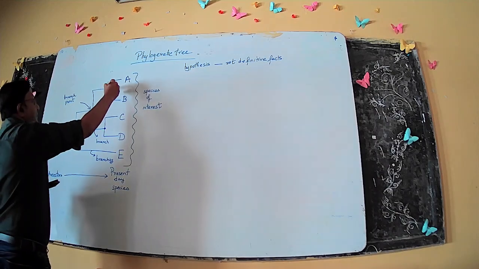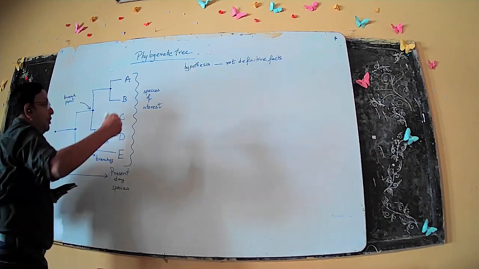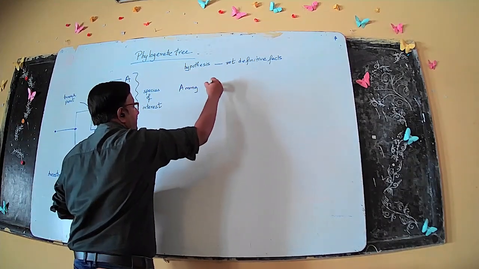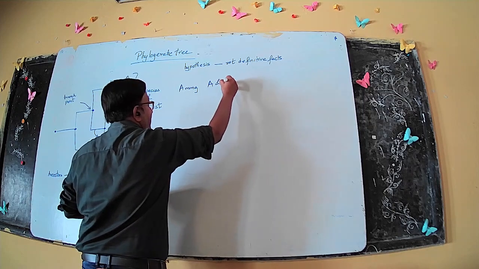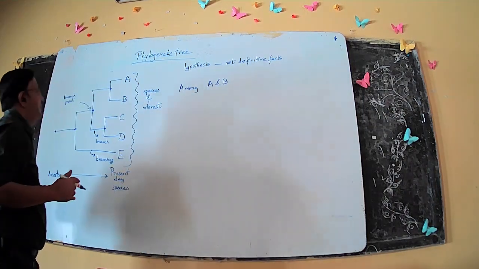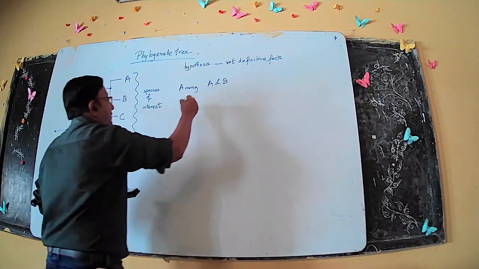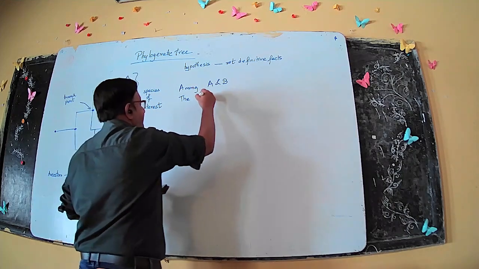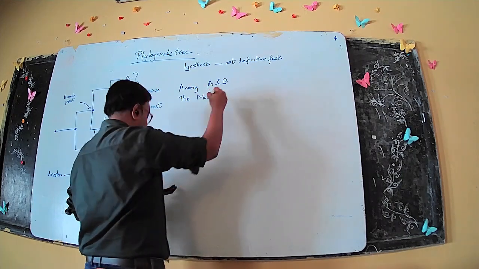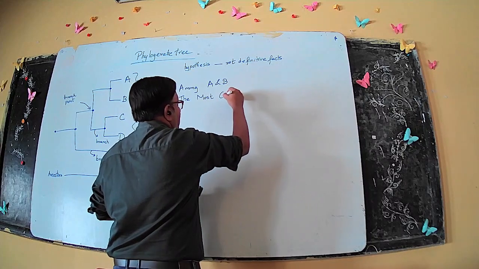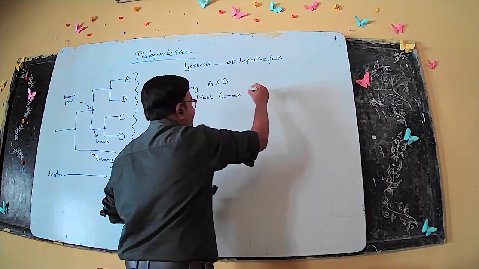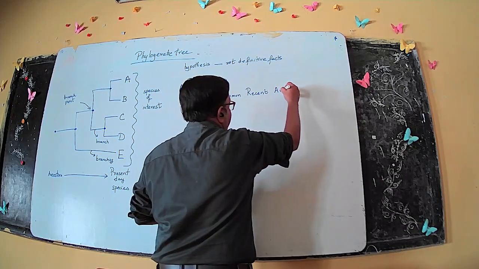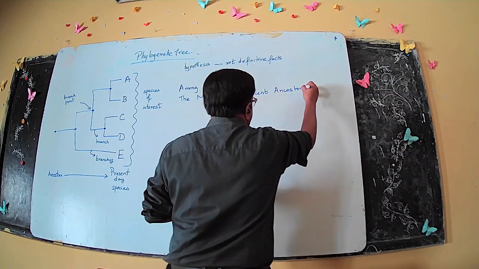And among A and B, there is a term, the most common recent ancestor.